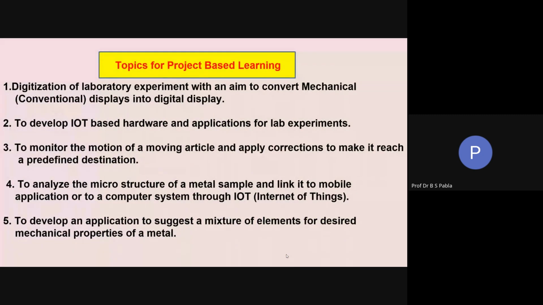This I wrote actually. Very, very simple things. I just sat one day and asked, what type of project should you give for project-based learning? I looked at the laboratories in the mechanical engineering department. What I have written here is digitization of laboratory experiments with an aim to convert mechanical displays into digital displays.